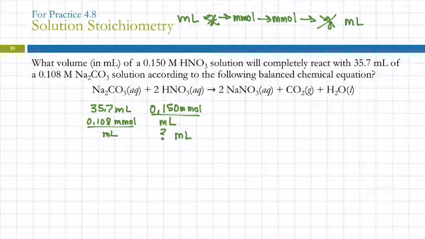Yes? If you don't want to do millimoles, can you just do, like, the normal way where you convert to liters and then back to milliliters? Yes, absolutely. And really, which method is easier for you depends on how your brain works. Some people really like this method. Other people are very comfortable converting milliliters to liters without actually getting out a calculator or doing math or anything.